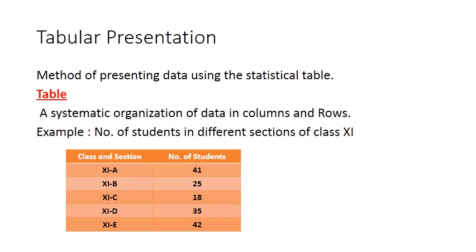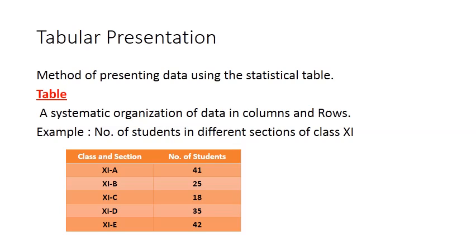So an example is given here, number of students in different sections of class 11, which I earlier told you in textual form. We can make a table, and there will be 2 columns, and there are 5 rows in this table. So you can see, first the heading of rows: it is 11A, 11B, 11C, 11D and 11E.